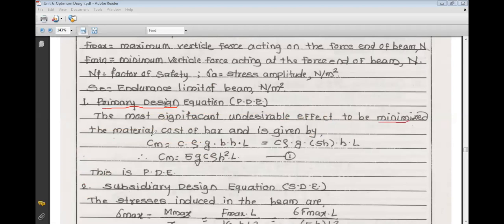So the most significant undesirable effect parameter is the material cost, that is Cm, where C is given in rupees per Newton. So this is the weight. Now the weight of any material is determined by the weight density, that is rho g, into volume.